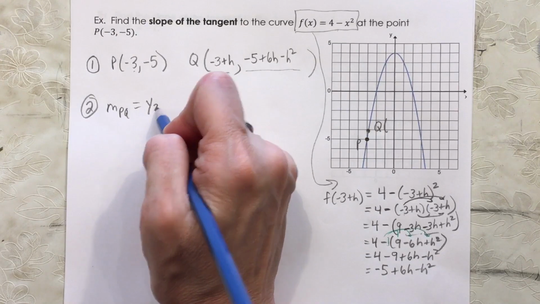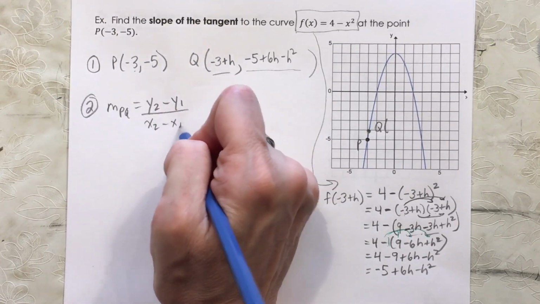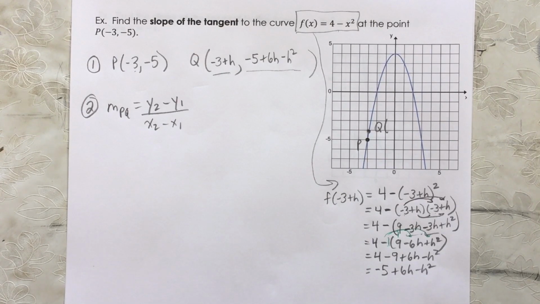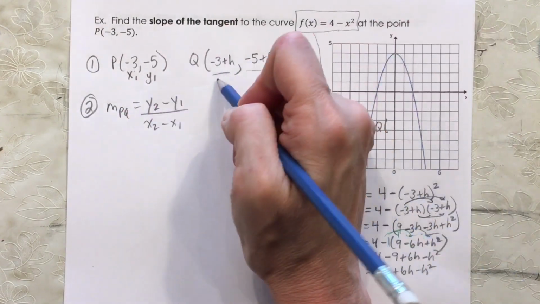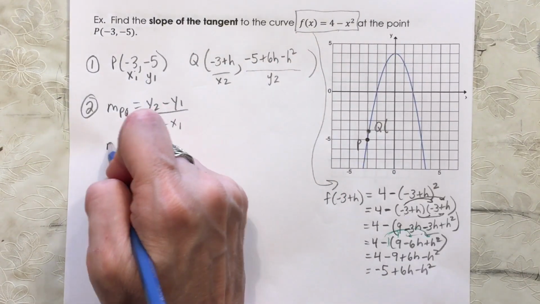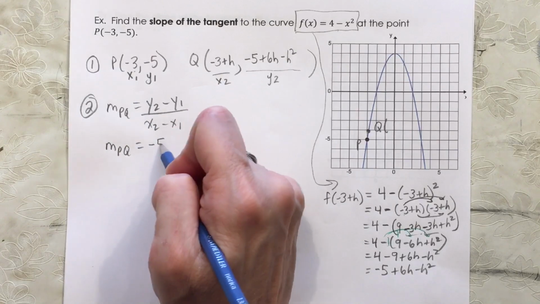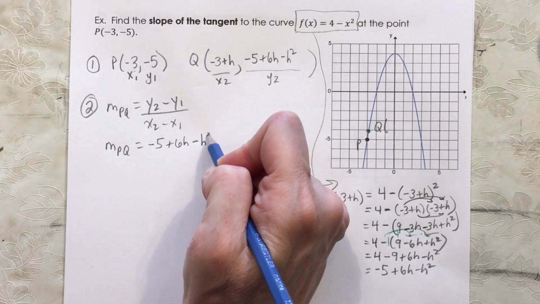And we know that that's using the grade 9 slope formula. The slope of the line connecting P and Q is y2 minus y1 over x2 minus x1. So P is always going to be my x1, y1, and Q my x2, y2. So y2 is -5 plus 6h minus h squared.